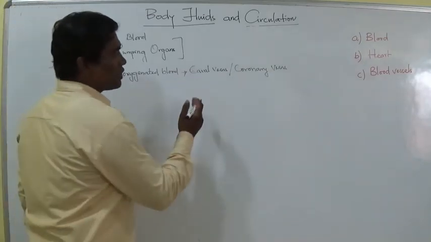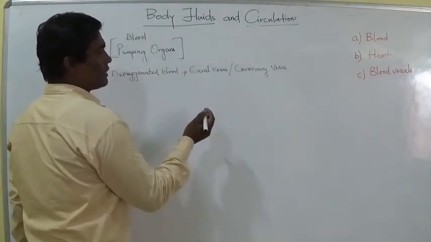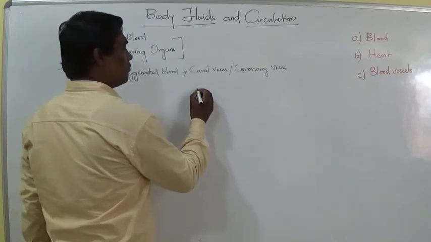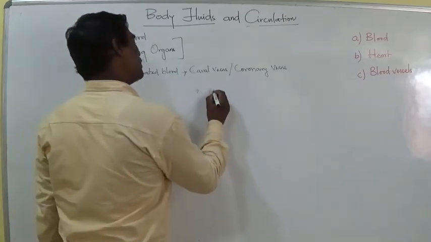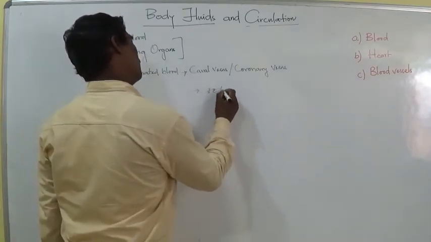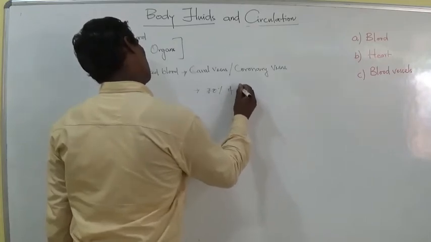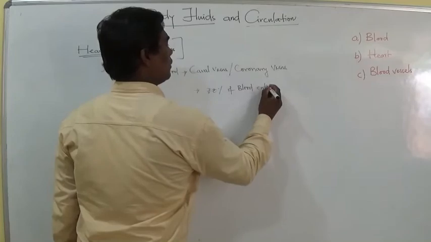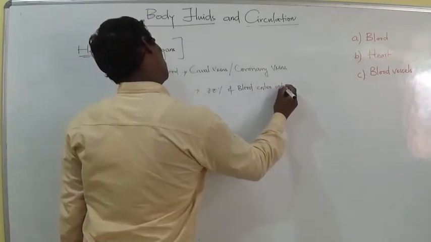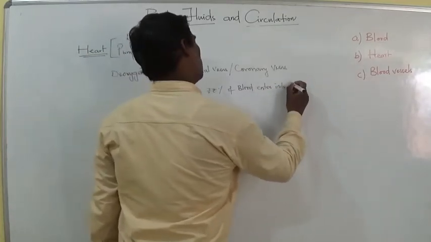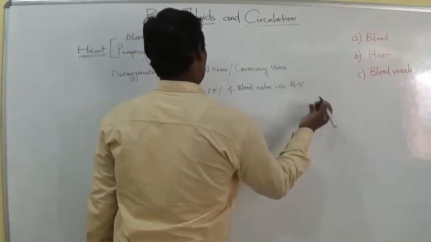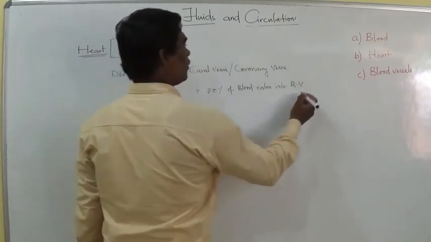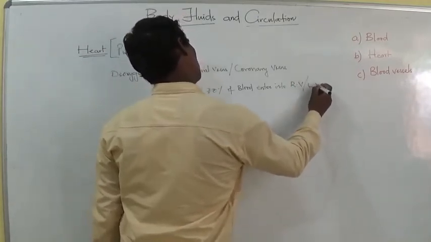Once it pours into the right atrium, around 70% of the blood enters into the right ventricle, or 70% into the left ventricle.